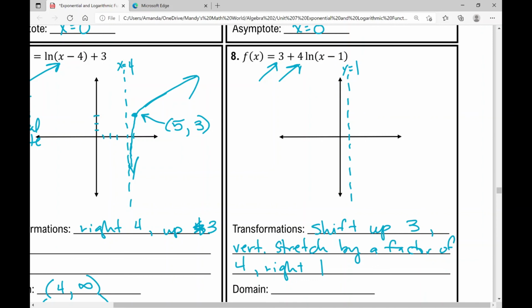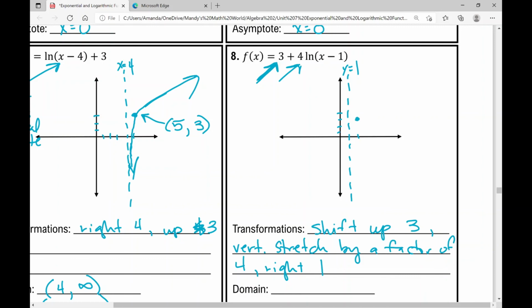And that key point, because it's been shifted up 3 units, it's now not 1 to the right, it's 1 to the right and up 1, 2, 3, right here, okay?